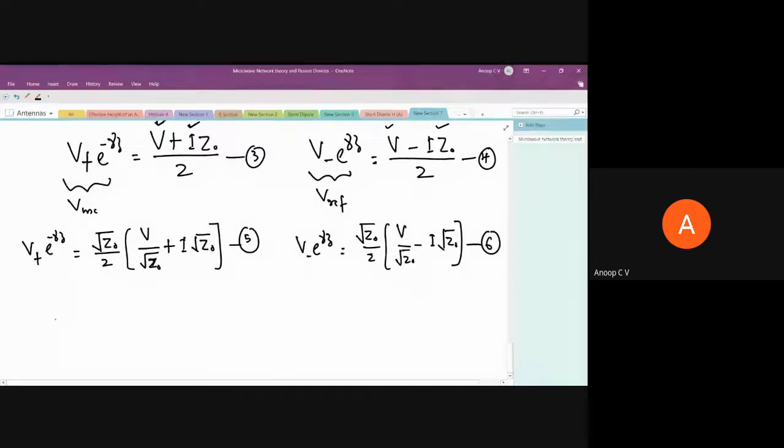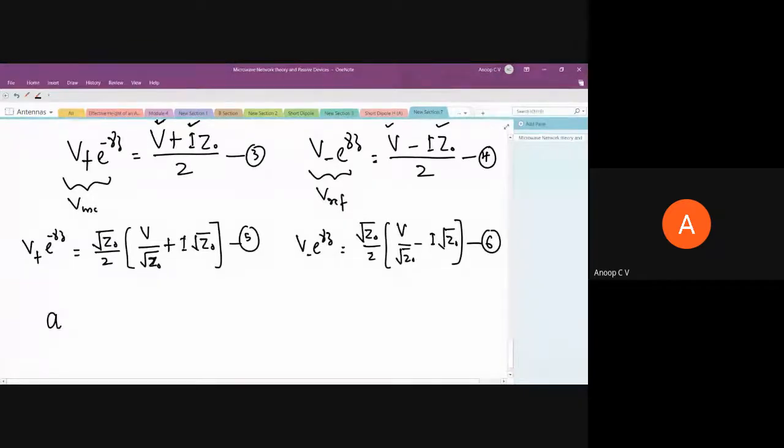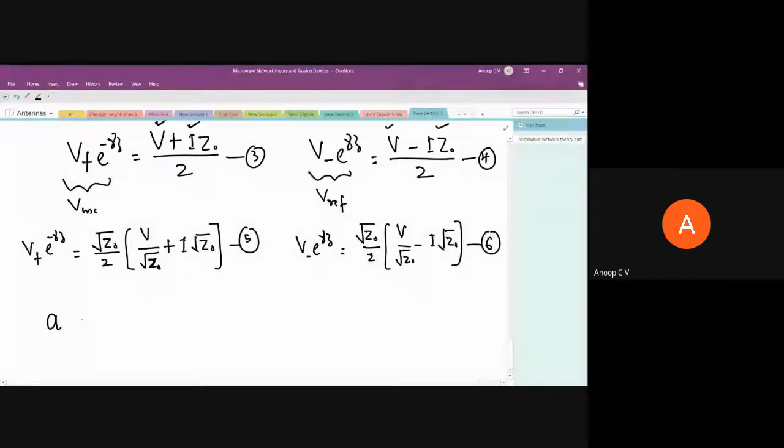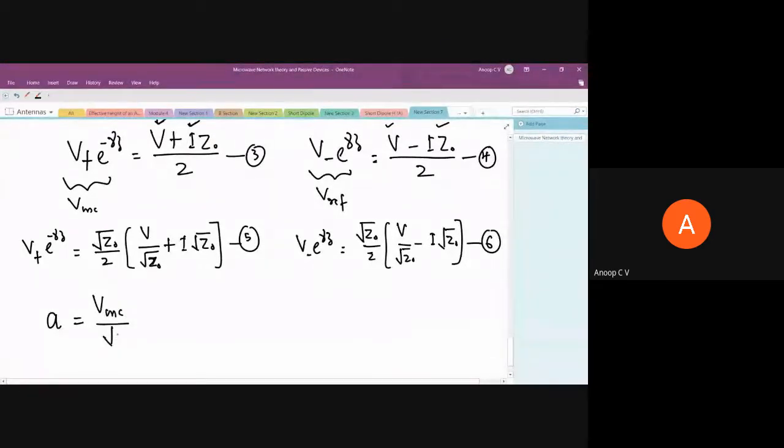Now I'm going to define the parameter A, that is equal to V incident divided by root Z naught.